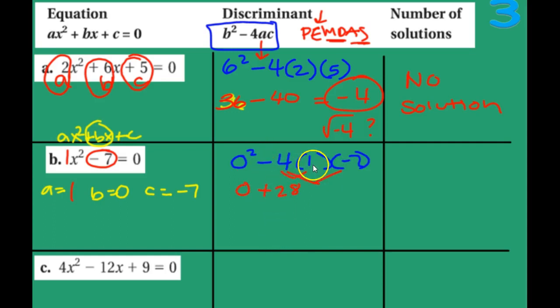If you thought of this as 4 times 1 is 4, times negative 7 is negative 28, that is also correct, but you have that negative sign, so the two negatives will make a positive. So you still have a positive 28, which you can take the square root of. If we plug that in our calculator, we would have two answers, a positive and a negative. So this has two solutions.